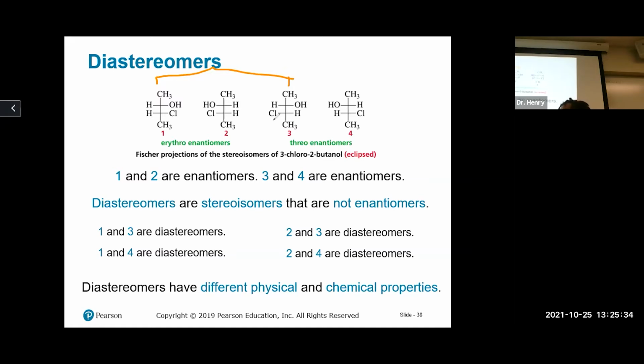And that's because the location of, let's say, the chlorine and the hydroxide, in this case, they're opposites of each other, right? Where here, they're both the same. Even though these guys are going to have the same property. Okay, 3 and 4. Okay.